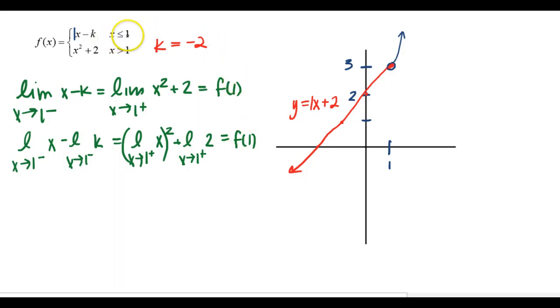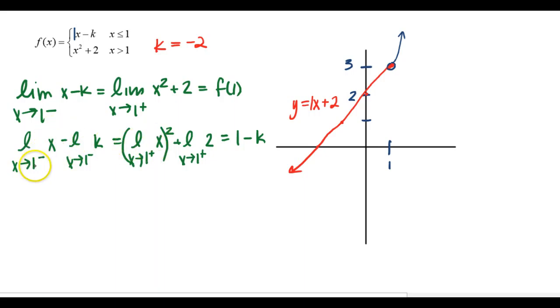I will actually go ahead and write f of 1 here. By substituting 1 into this top function, 1 goes into the x value. So f of 1 here would be 1 minus k. Remember, I'm taking 1, that x value, and plugging it into the top function because 1 is within the top part of the domain, and I don't know the value of k yet.